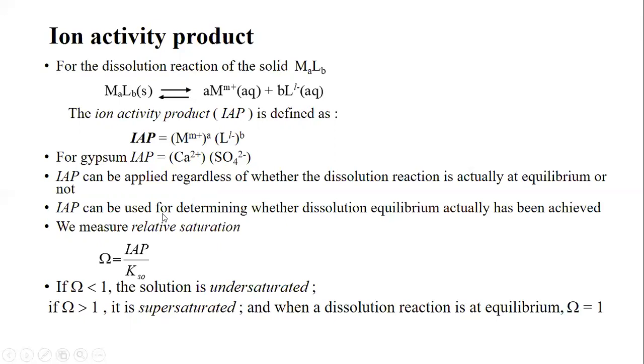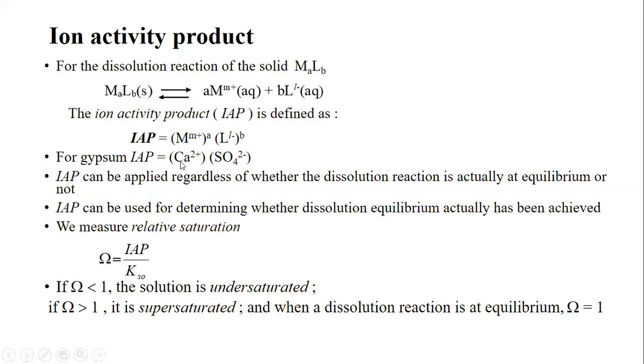IAP can be used for determining whether dissolution equilibrium has actually been achieved or not. Do we have equilibrium? So we calculate what we call omega. This is a new term, omega. Omega equals IAP, which we calculate for any solution we have.